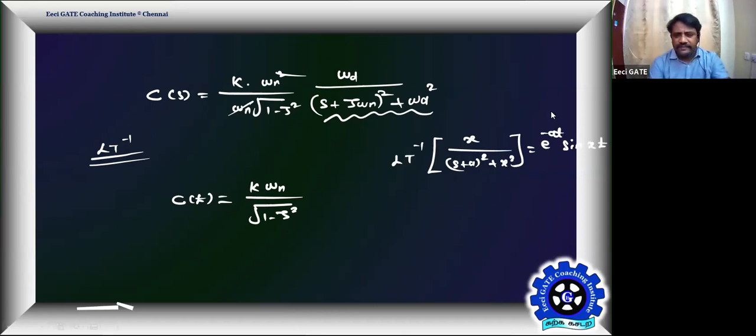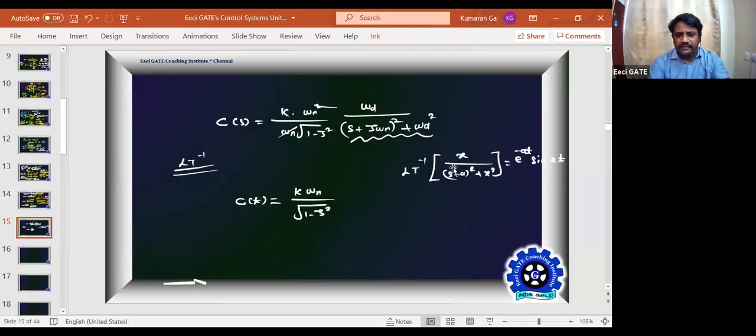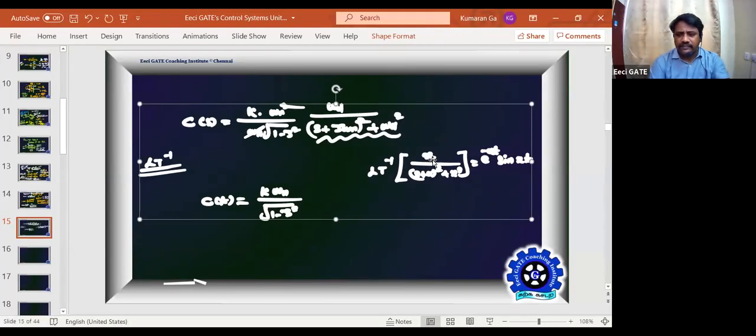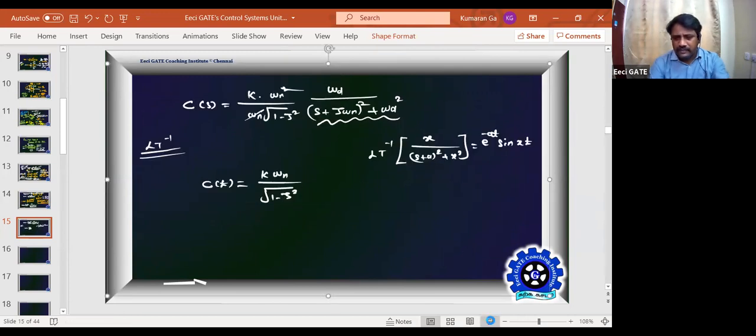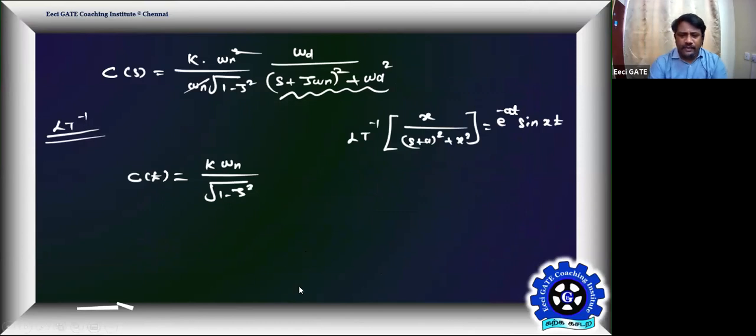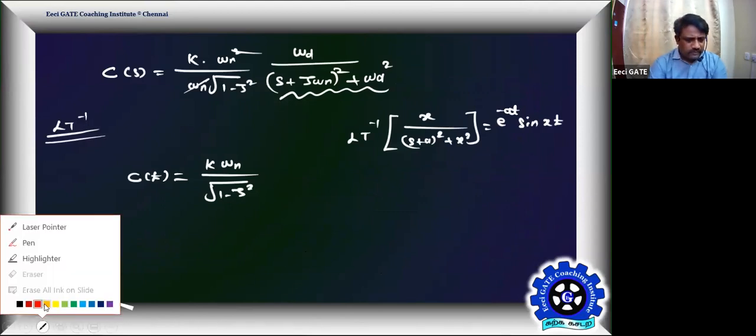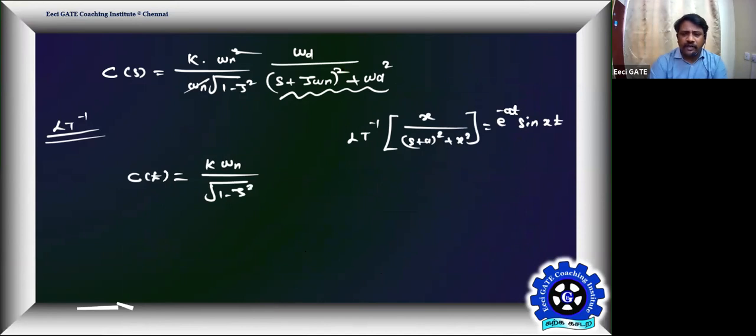Getting it, right? Where x represents omega d and a represents zeta omega n. So therefore this is e power minus zeta omega n t into sine omega d t into u of t.